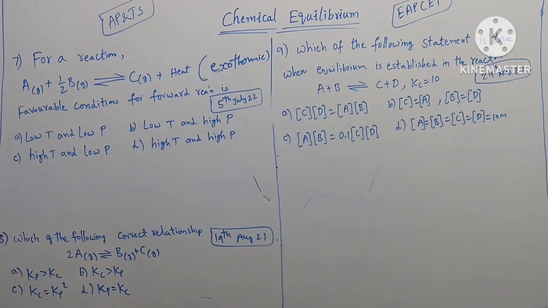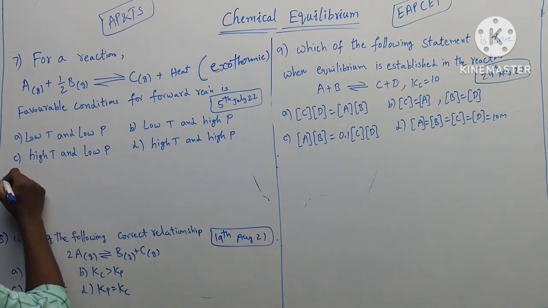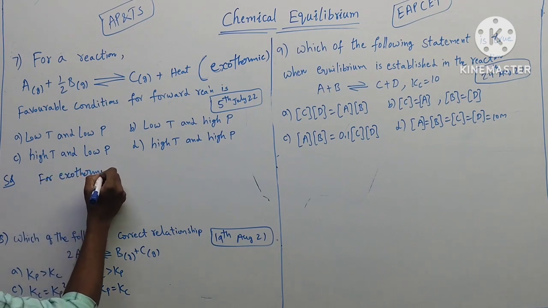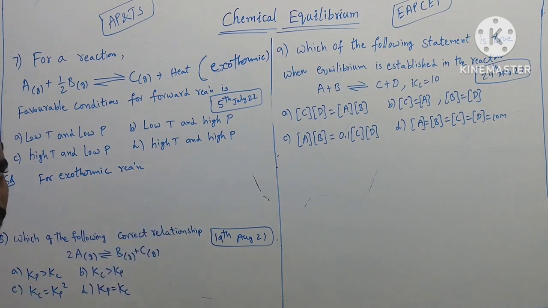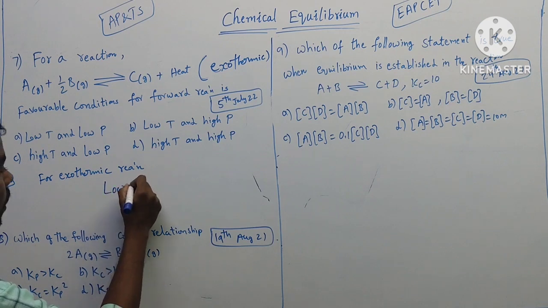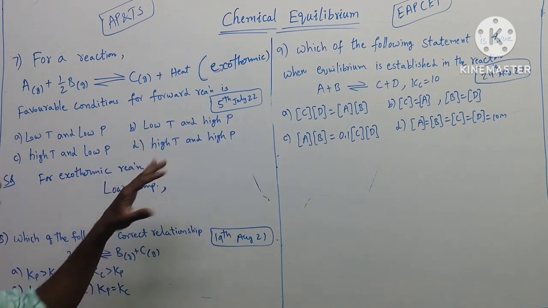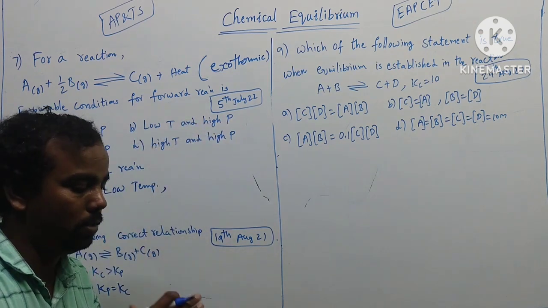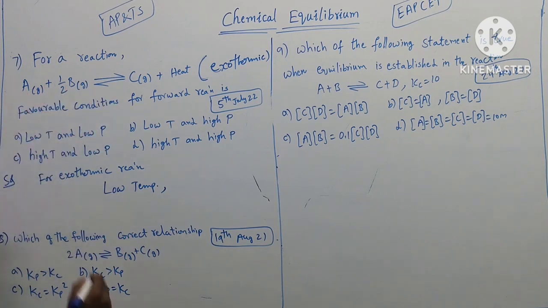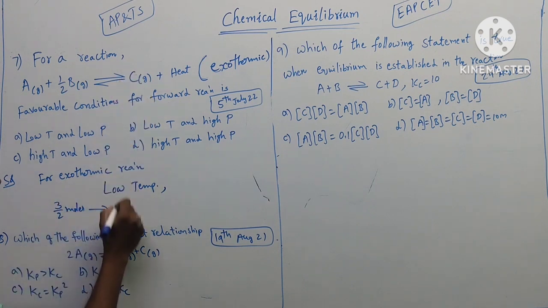So for exothermic reactions, low temperature is required. For this reaction, favorable conditions are low temperature. And is high pressure or low pressure required? The reaction has 1 mole plus half mole, that means 3/2 moles on the reactant side, converted to 1 mole.